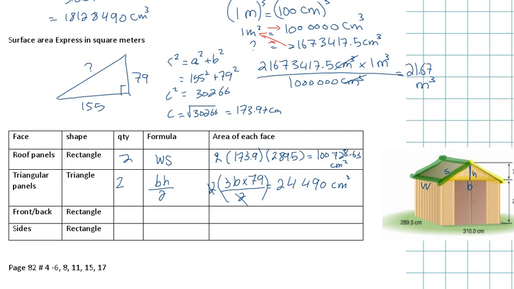Then for my rectangular prism, I have the front and the back, they're the same, right? They're rectangles, so it's length times width. So it'll be 2 times 310 times 202.